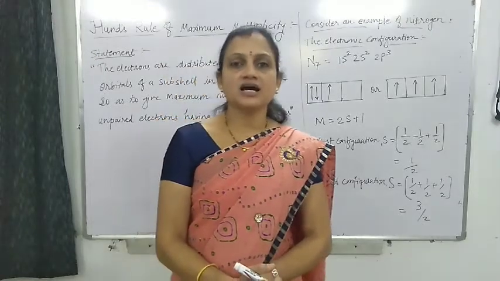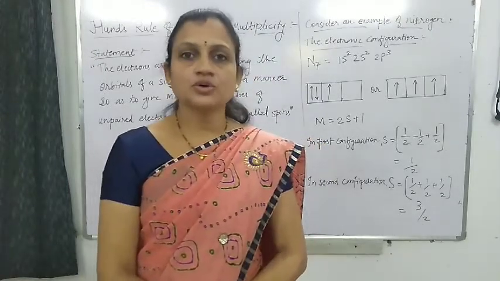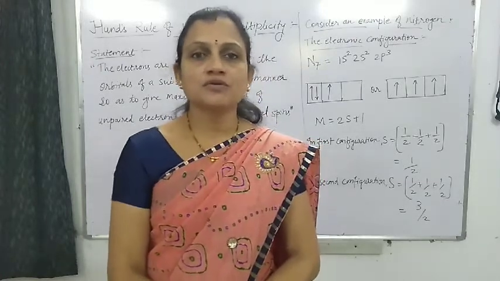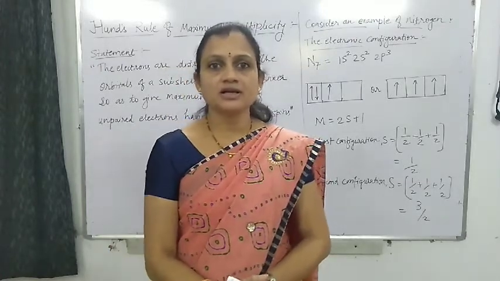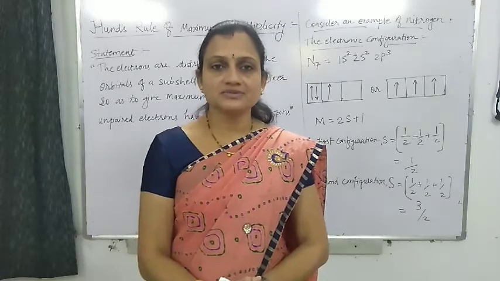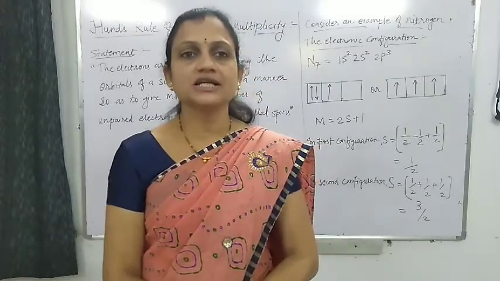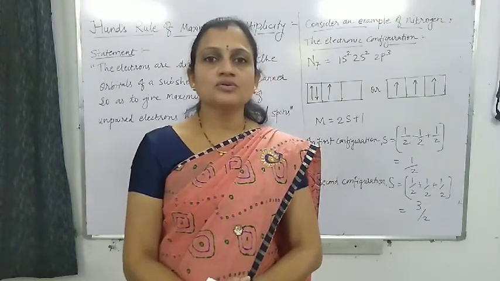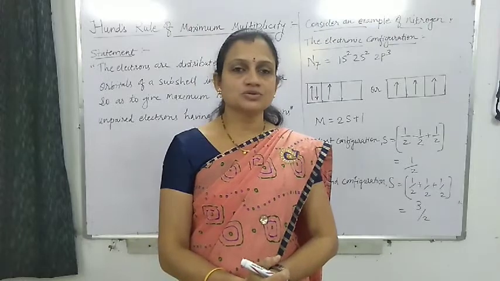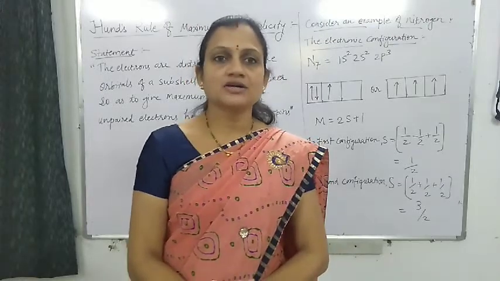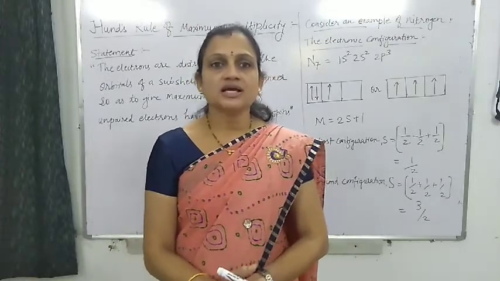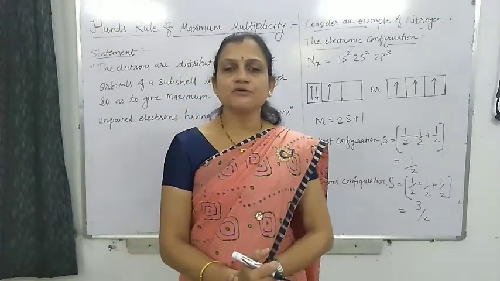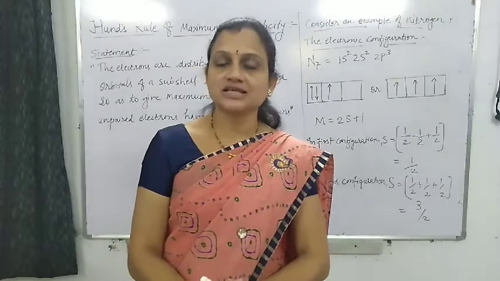But when there are a number of electrons, you know the periodic table. हम लोगों को periodic table पता है. So what happens in that periodic table? Different atoms are there: hydrogen, helium, lithium, beryllium, boron, carbon and so on. तो उस एटम में क्या होता है, जैसे हम लोग उसका एटॉमिक नंबर देखते हैं. हाइड्रोजन is having atomic number 1, helium is having atomic number 2, lithium is having 3, beryllium 4, boron 5, carbon 6 and so on.